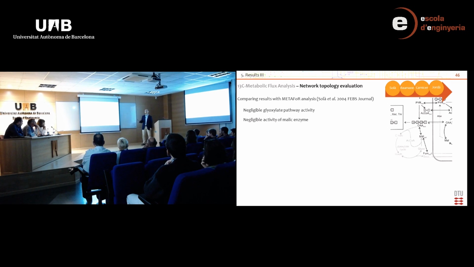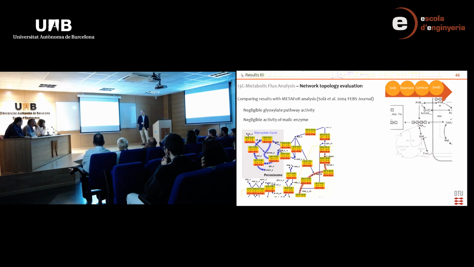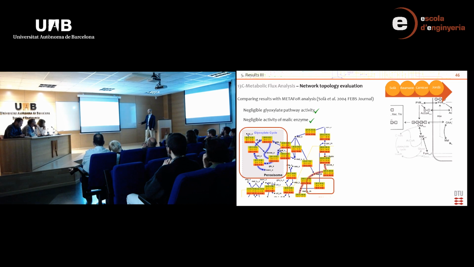So what we wanted to check is if our metabolic flux distribution is coherent with these previous results. Here is a representation of our distribution, and you can see here the glyoxylate cycle. There's also a negligible activity through this pathway. In addition, we also observe very low activity through the malic enzyme, so our distributions are in agreement with previous results.